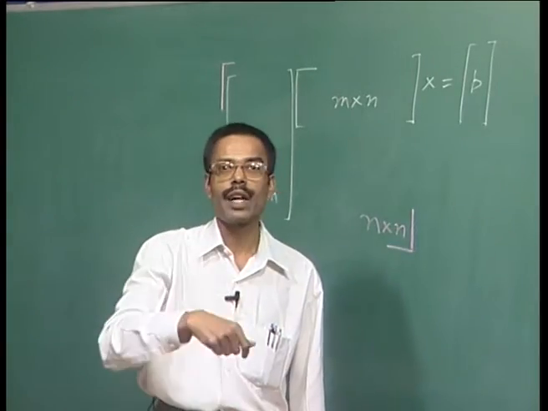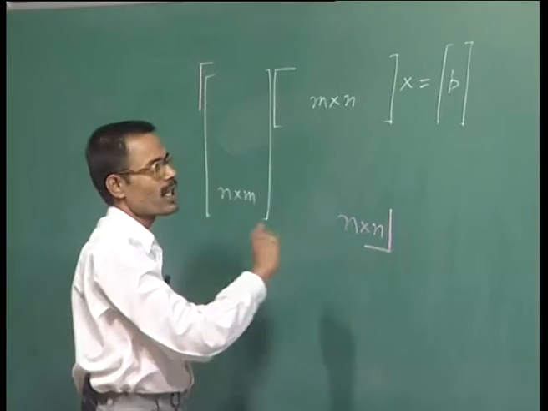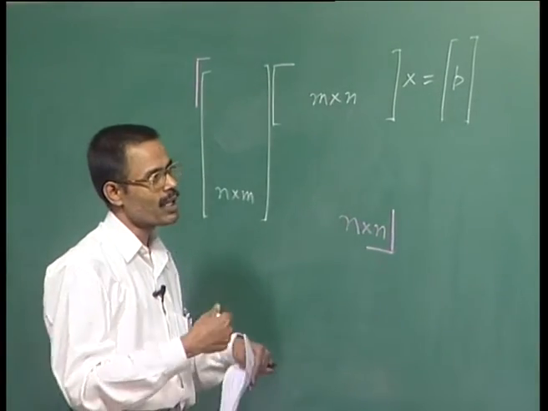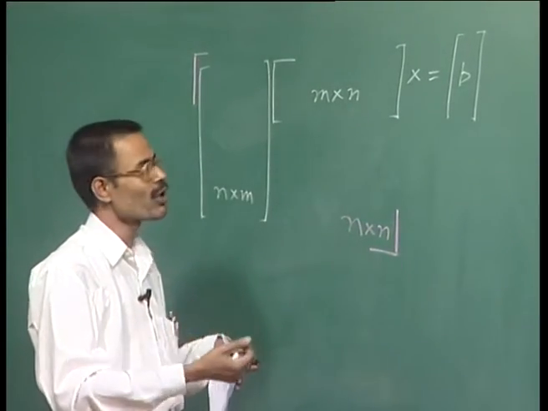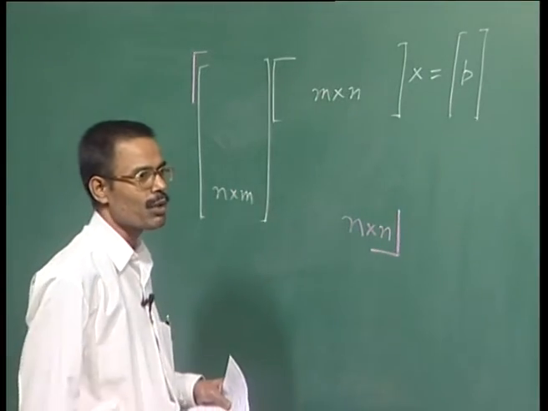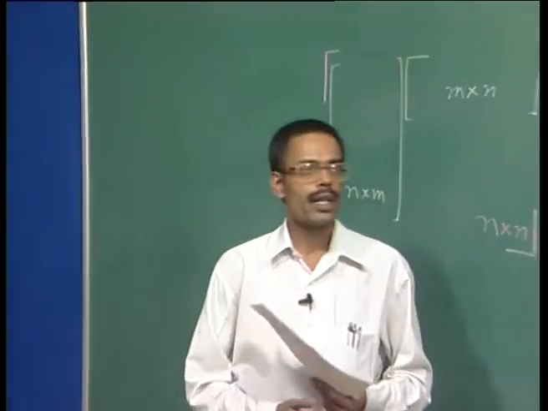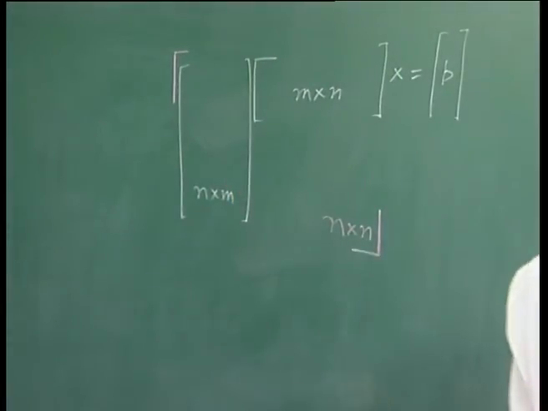So, at most it can have rank m and which is less than n. That means, this matrix will be certainly singular, and your methods like Gauss elimination or LU decomposition will certainly fail. So, this is not the way in which you should go in this kind of a situation. So, what to do? You apply a different trick in this case.